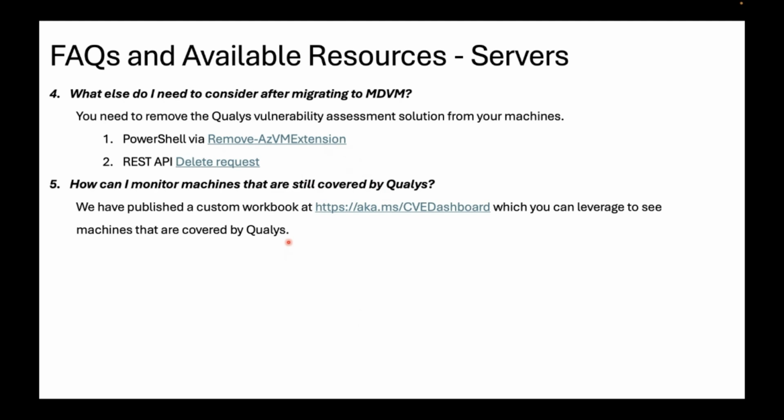So there's a quite easy way for you to find out without having to go to each individual machine or each individual subscription. You just use that workbook, deploy it to your environment, select all subscriptions, look for Qualys, and you will see which machines are still giving you results based on the Qualys solution.